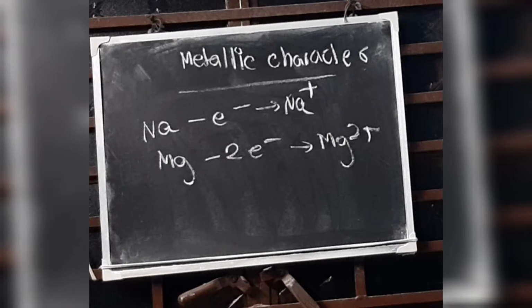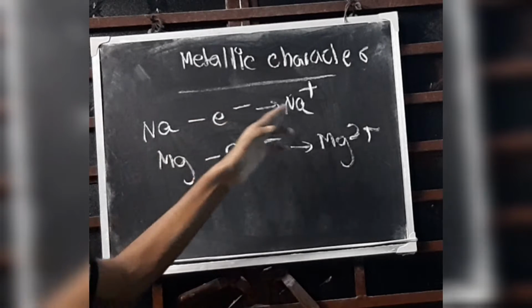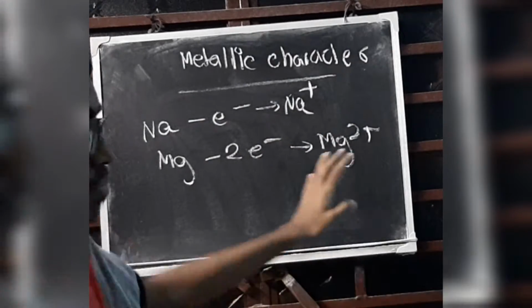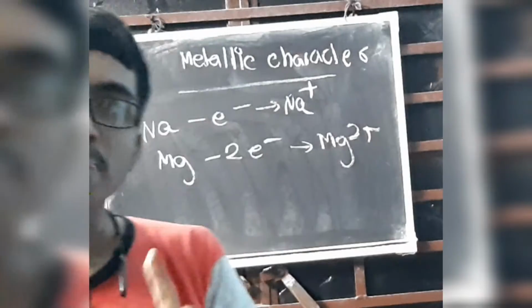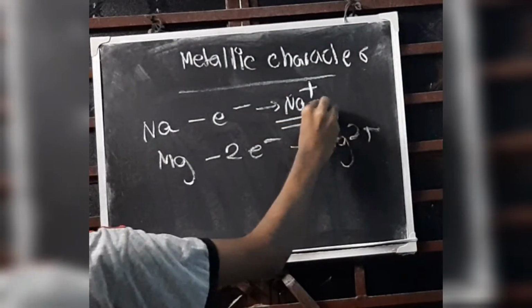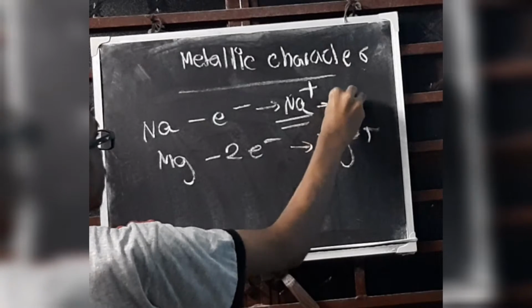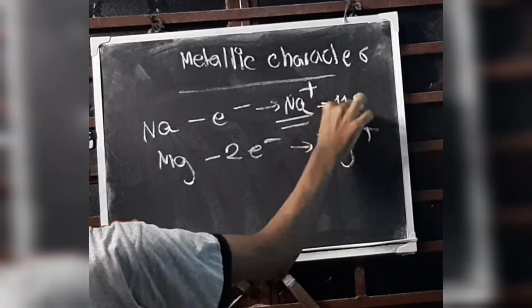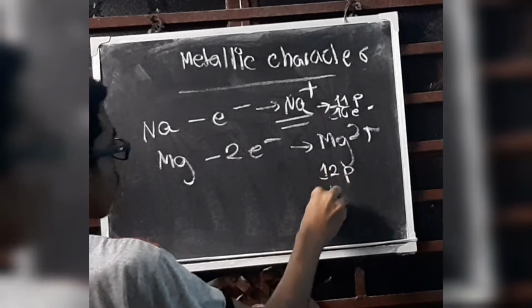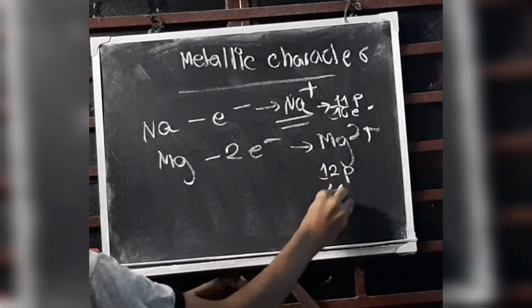Now in this basic, what changes are observed? Na, Na plus, Mg, Mg2 plus. What is the change? Na and Mg are not the same group but the same period. So Na has 11 protons, 10 electrons in Na positive, and Mg has 12 protons and now it has 10 electrons.